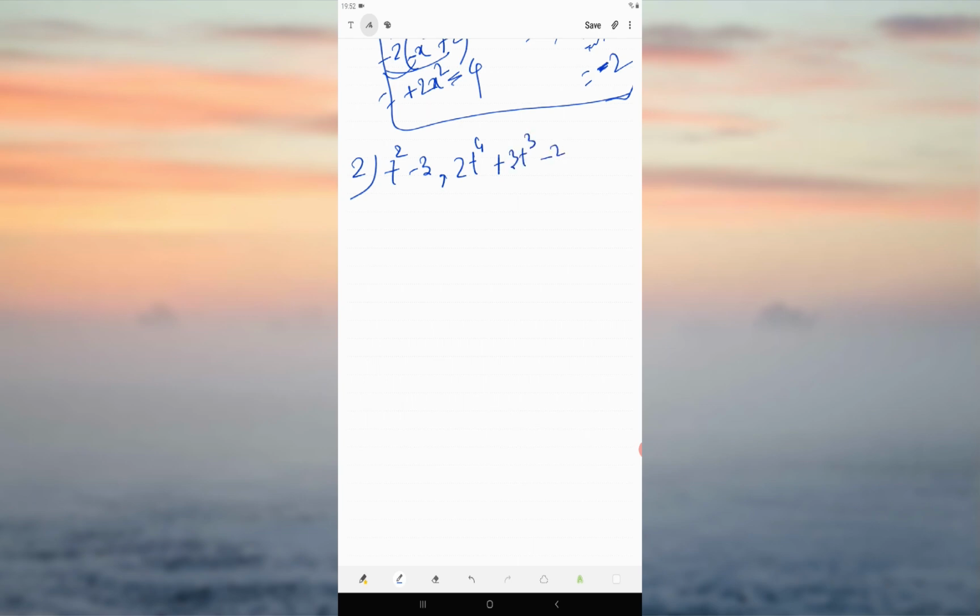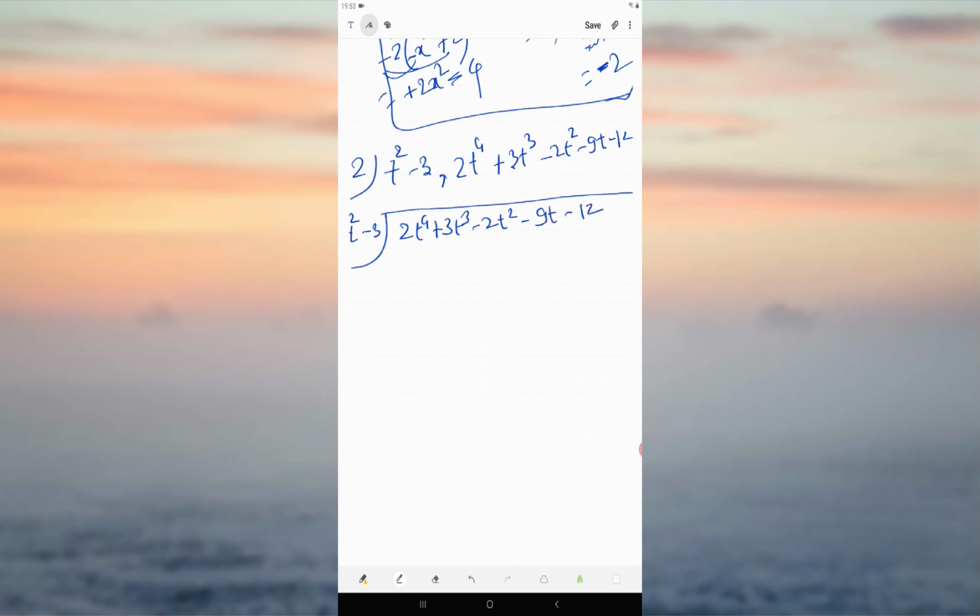So we will write t square minus 3 over here, and then 2t to the power 4 plus 3t cube minus 2t square minus 9t minus 12.